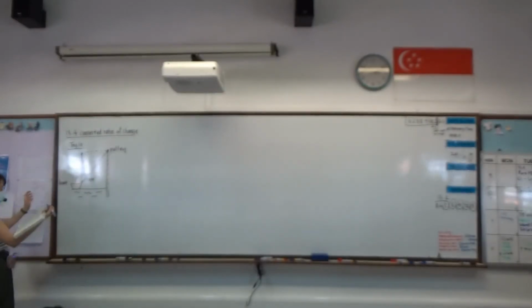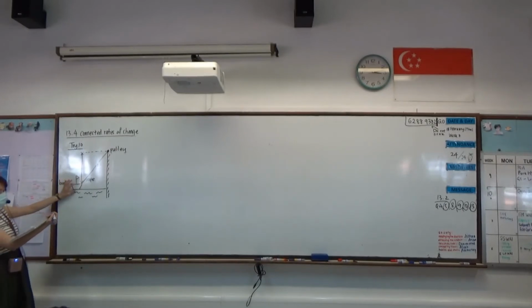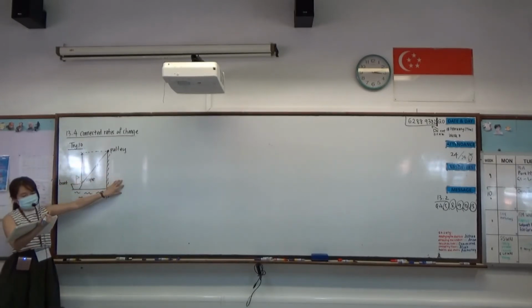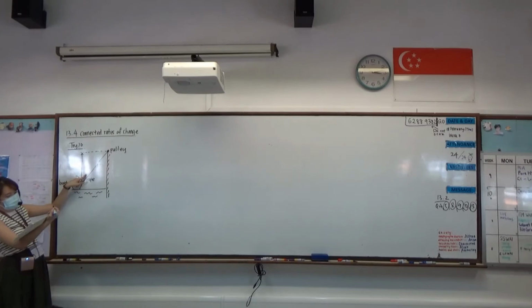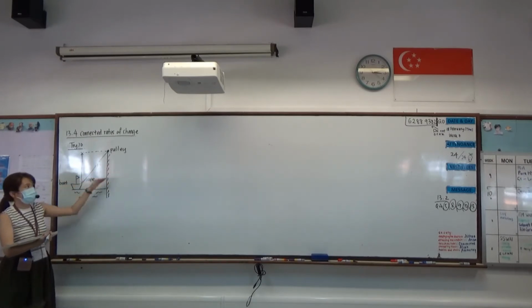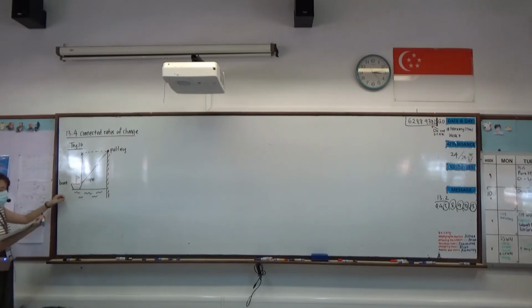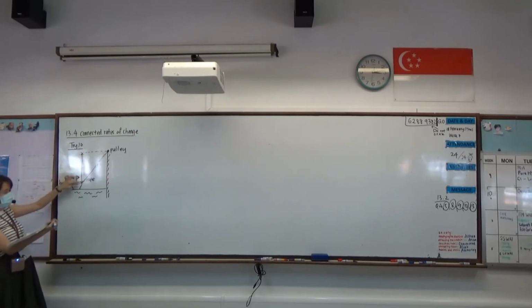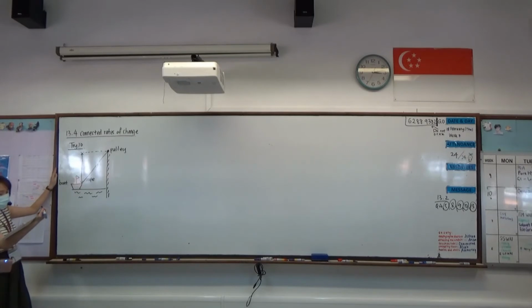It says that there is a boat being pulled to the dock by a rope attached to a pulley on the dock. The dock is where the boat will end up arriving at. It says that the vertical distance, vertical meaning in this direction, between the pulley and the boat itself is 3 meters.